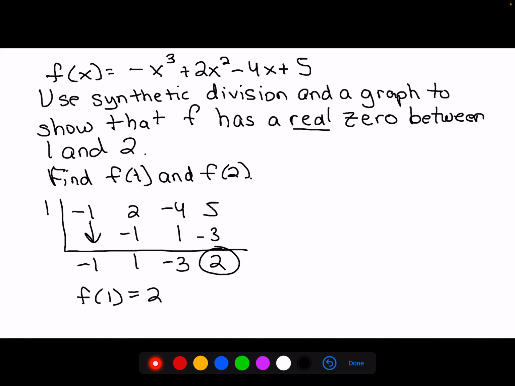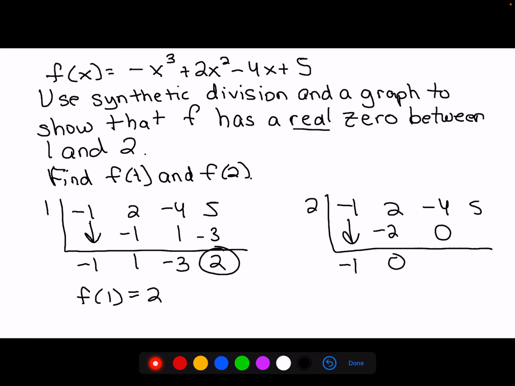And then we can take the same function and divide by 2, and then that remainder tells us the answer there.